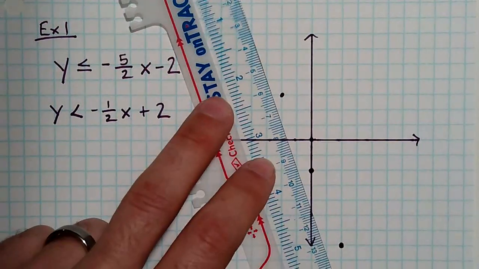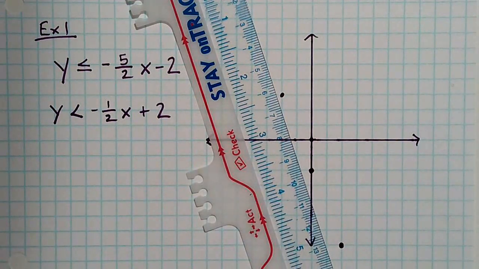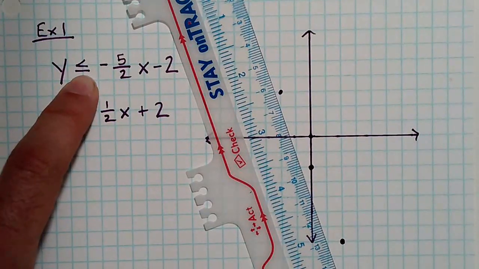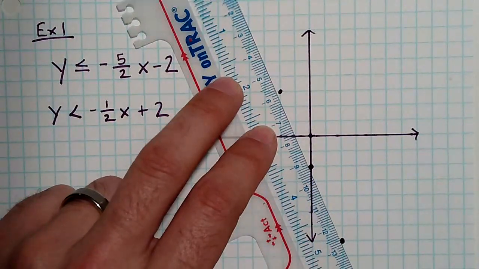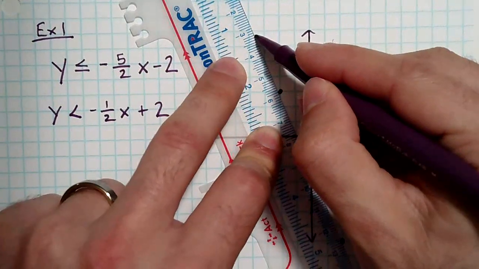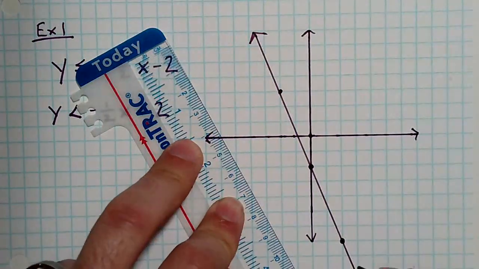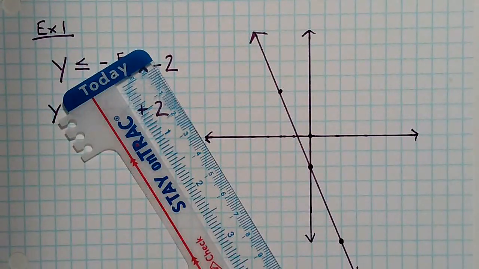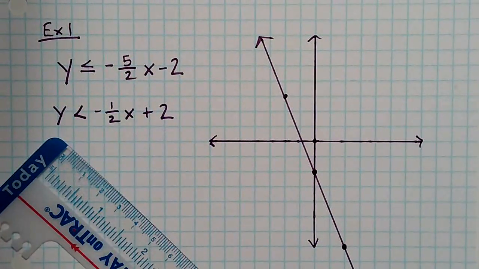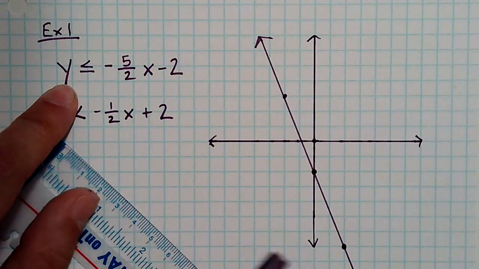Now, do I need a dashed line or a solid line? In this case, solid, so I put my solid line through my points. Because it's an inequality, I need to shade. I'm going to test 0, 0.